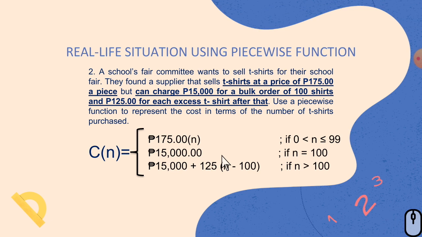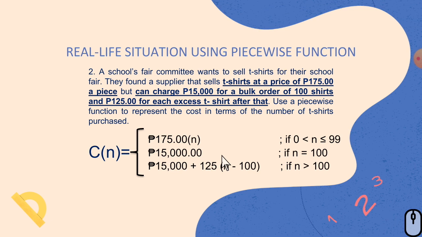Kasi sabi natin na kapag lumagpas na sa 100 yung ating t-shirt na bibilihin, magdadagdag ng 125 pesos, depende sa bilang ng t-shirt na ating bibilhin. So, bakit minus 100? Kasi yung value ng n natin doon is 101, 102, 103, and so on. So, ito yung ating third function.